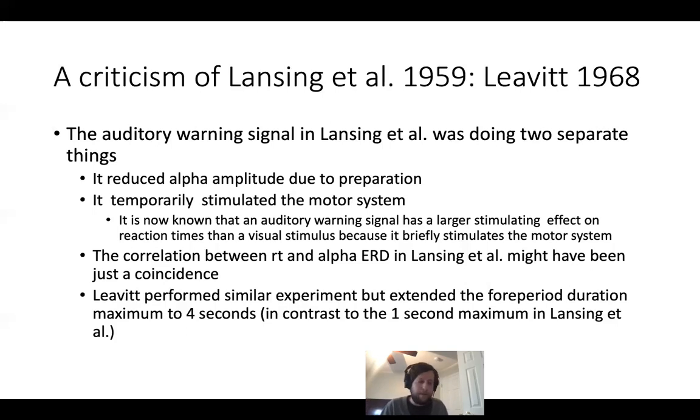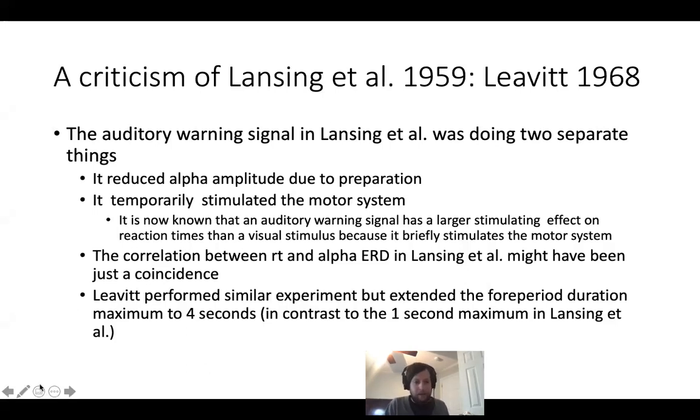So if you have a variable fore-period and you're waiting longer than a second or two, you might lose those quick reaction times, because in reality the thing causing them might have been something else, such as priming of the motor system by sounds. And that priming is transient and only lasts for a second or two.